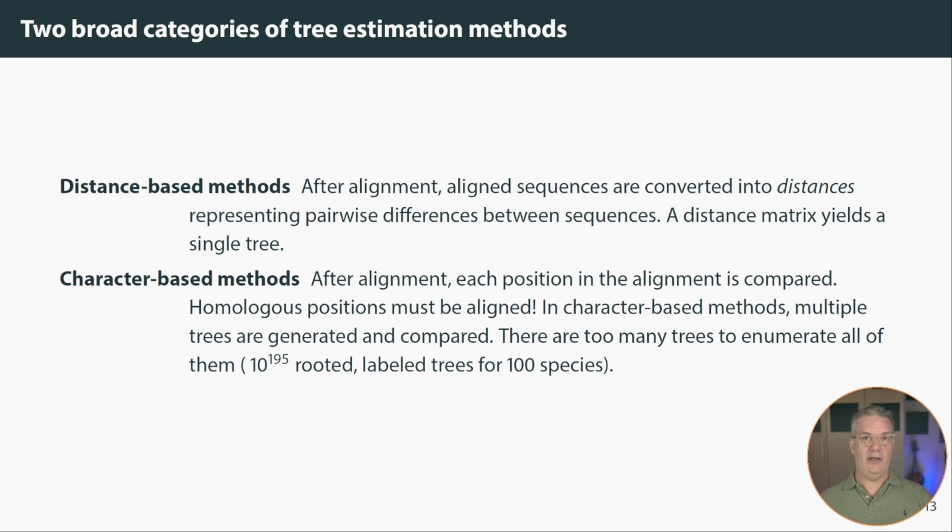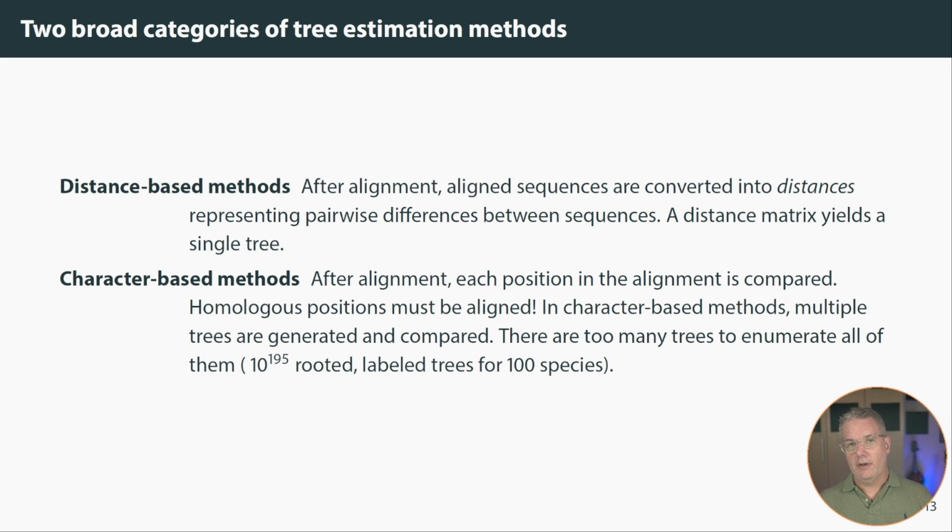And this will depend on, say, the substitution model that we use and so on, how those distances work. And then we use just the distance matrix and infer a tree from that using one of two methods, either neighbor joining or UPGMA. Distance-based methods yield a single tree. They can yield more trees in bootstrap, but yield a single tree from the data itself.